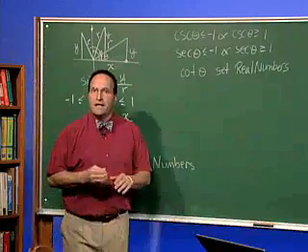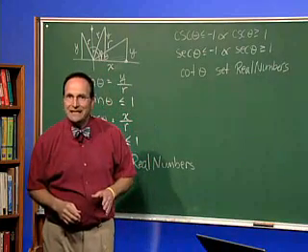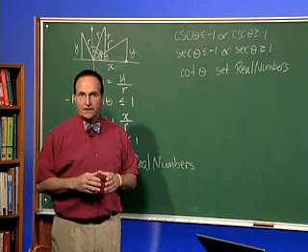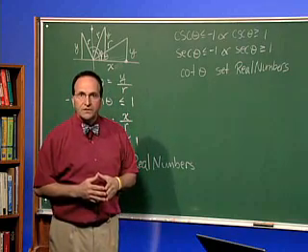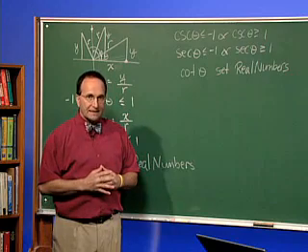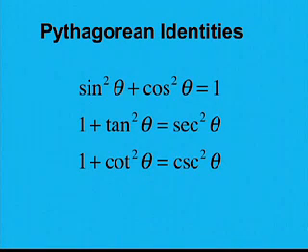All right. There are two other types of identities that are extremely important in the study of trigonometric functions. They are the Pythagorean identities and the quotient identities. Let's look at first the Pythagorean. We have that sine squared theta plus cosine squared theta is equal to 1. We have 1 plus tangent squared theta equals secant squared theta.